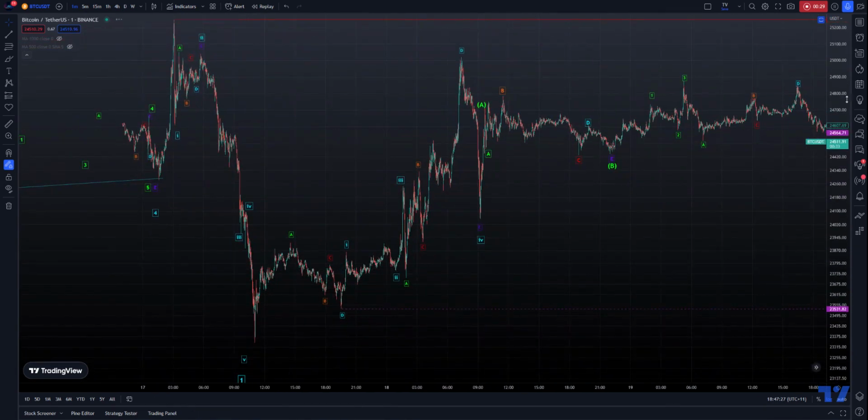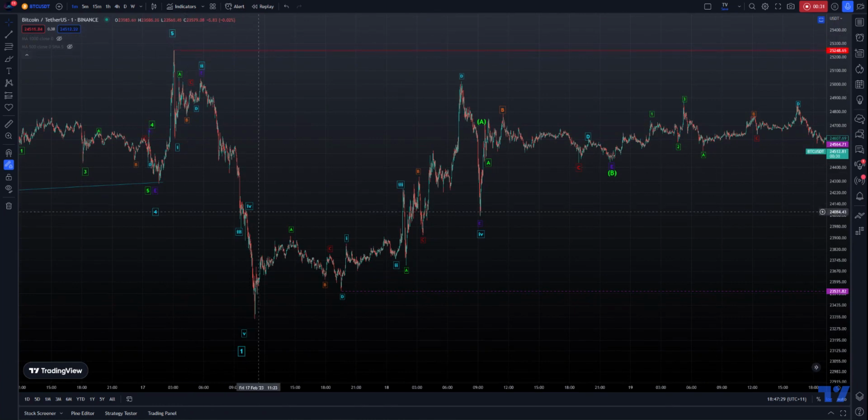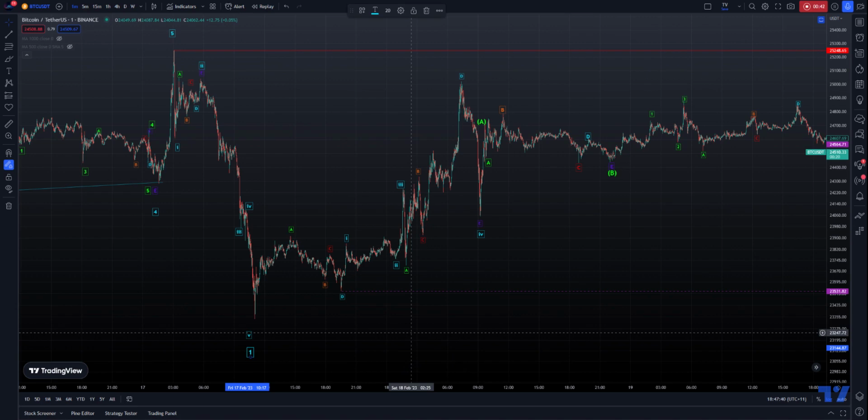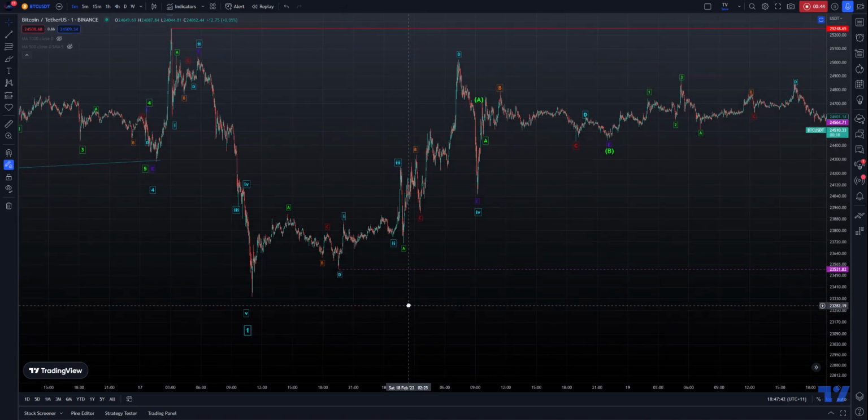So, what we saw when this drop occurred was a wave one down, right? Wave one for the coming move down for wave C of a zigzag, right? So what happened in the beginning was we saw a little wave A, B, C, D, right?